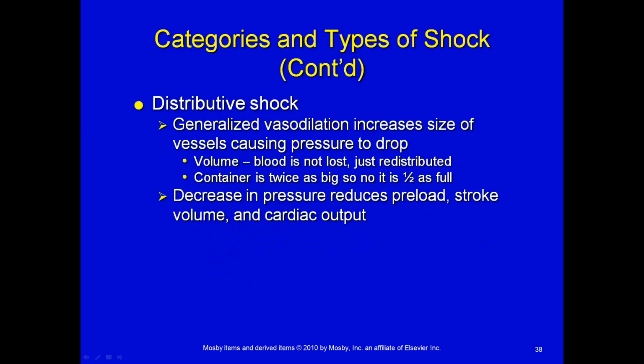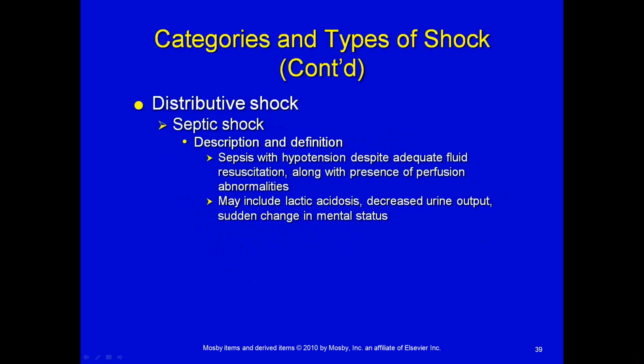So I liken it to your container is now twice as big, so it's half as full. And in order to maintain adequate blood pressure in that system, the heart's going to have to work much harder as a pump in order to keep the pressure up in that system until those vessels can become constricted. Now, one of the major causes of distributive shock is sepsis.